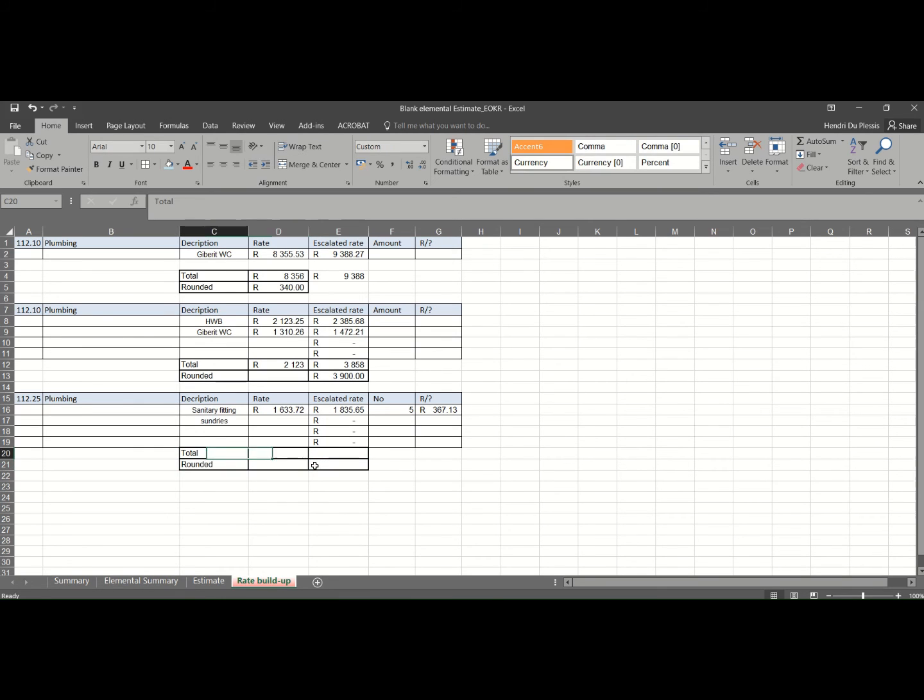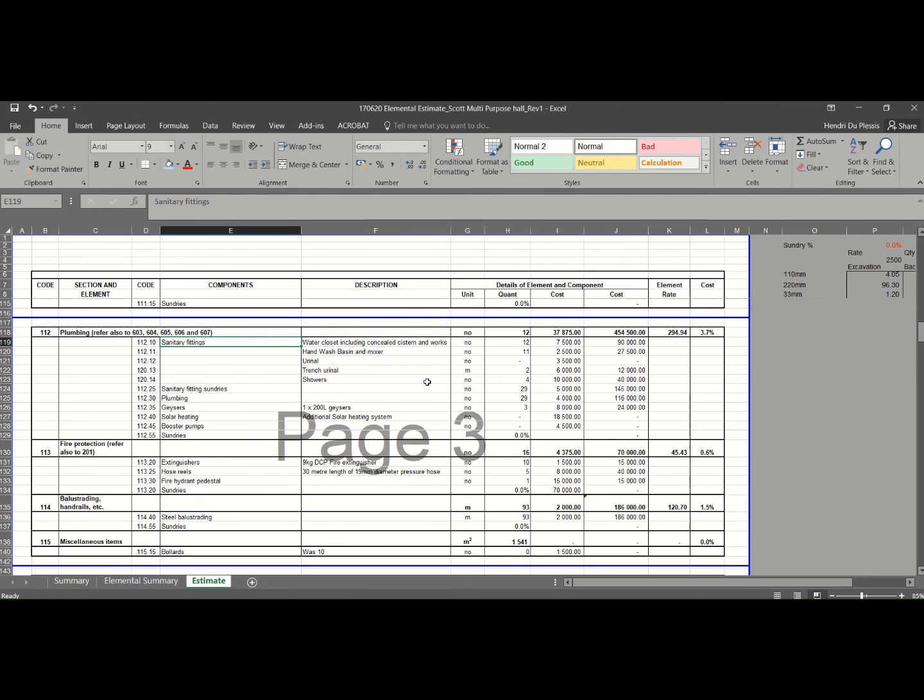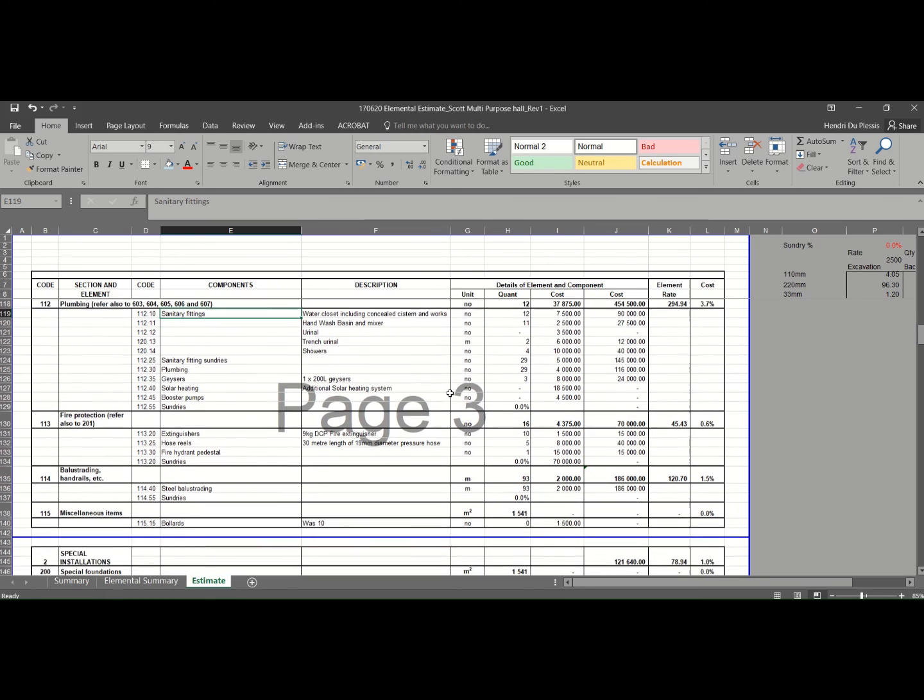So you can go through that, play around with it, and if you do struggle you can ask me questions. It's nice if you do send it through. It's easier just to assist as we go along. Also remember to refer to that extra document that I sent through, that multi-purpose hall that we had.